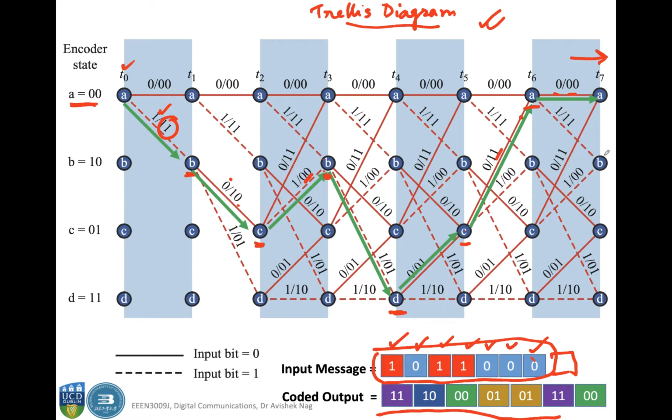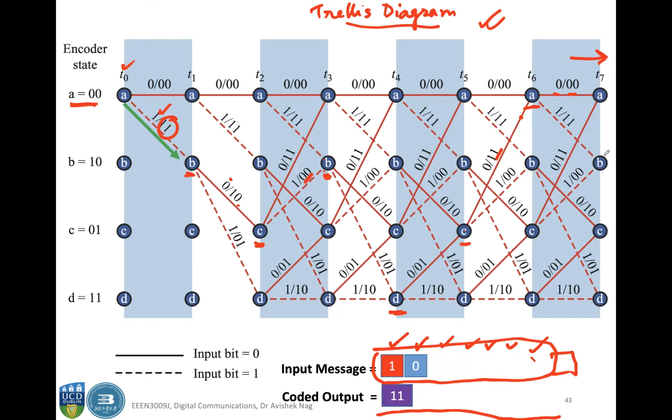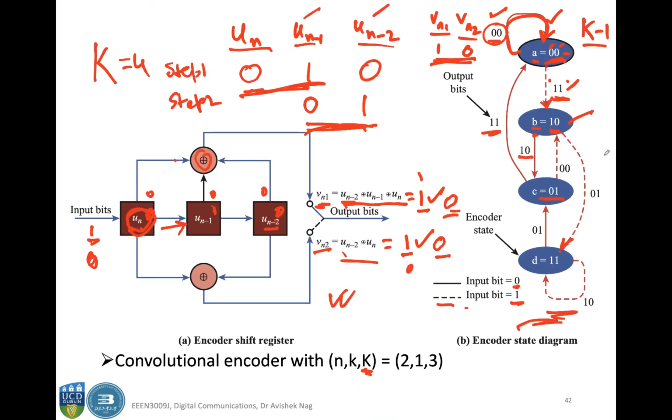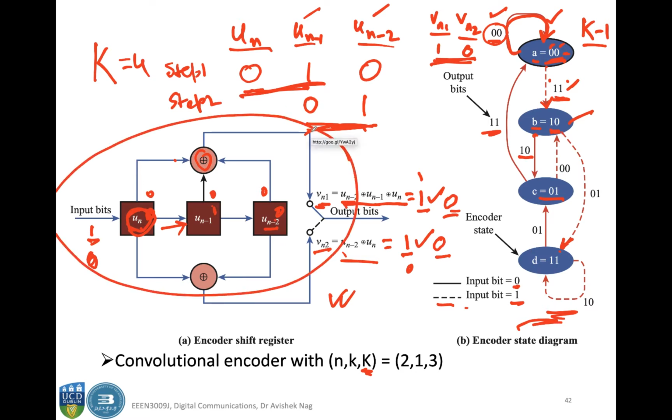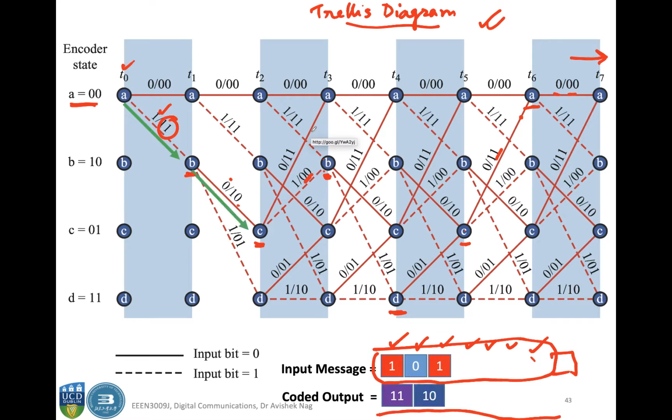As long as you are getting messages from a transmitter, you can use this convolutional encoder, using this type of circuitry to code each input bit, and then have the coded outputs like this.